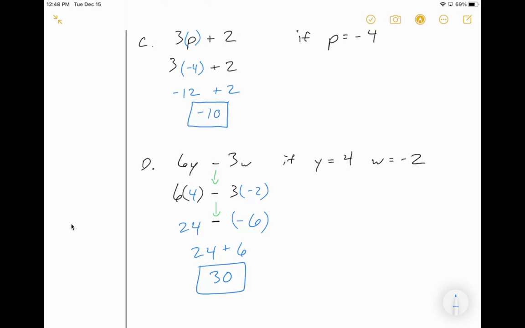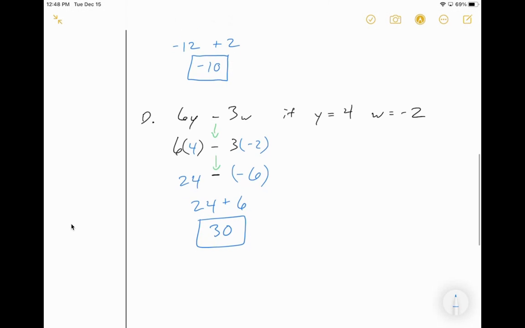All right. So these are the kind of questions you're going to see. And again, the negatives, that's what makes it a little more interesting. I think you guys did a little bit of this in 6th grade, but with negatives, it makes it all the more confusing.